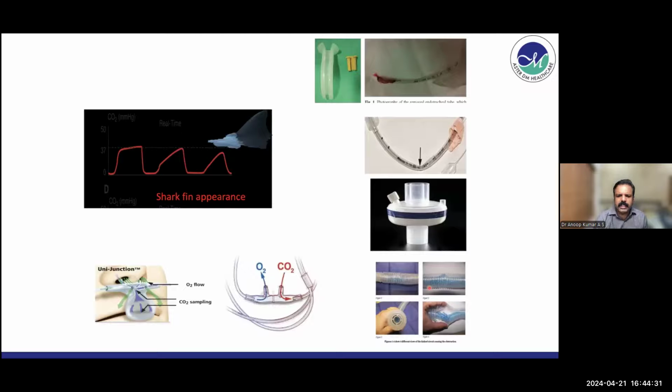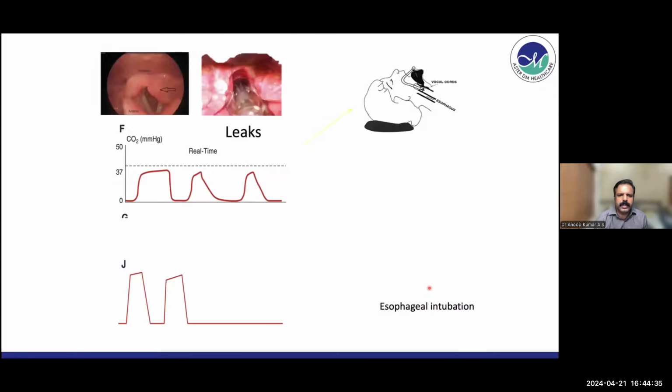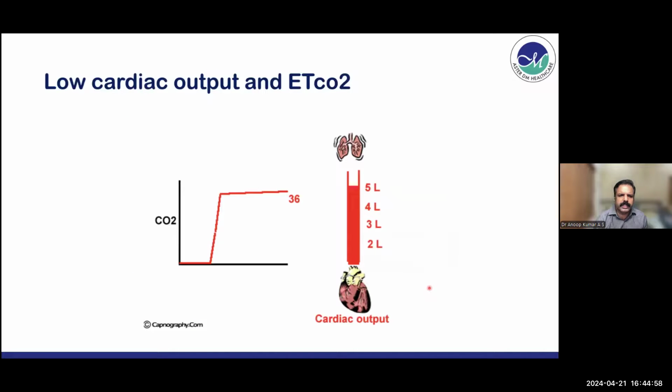So whenever there is an EtCO2 tracing, you should be able to interpret it, especially a leak when the tube is partially dislodged, or when there is an esophageal intubation, you won't have any proper EtCO2 tracing. Whenever you work in an ICU, even if you are an expert in airways, always make sure to use end-tidal carbon dioxide assessment, at least during intubation.